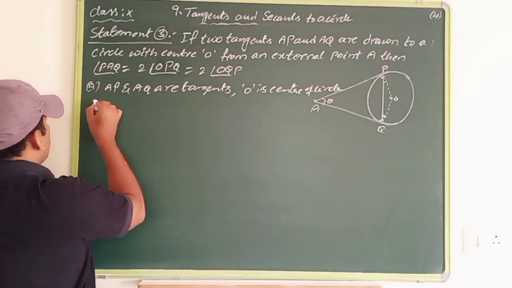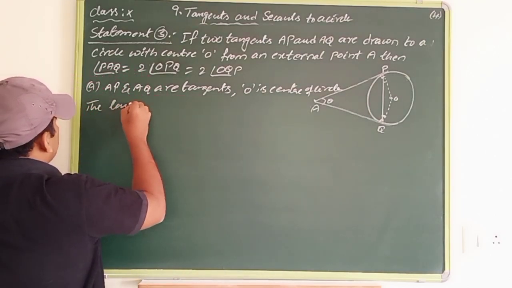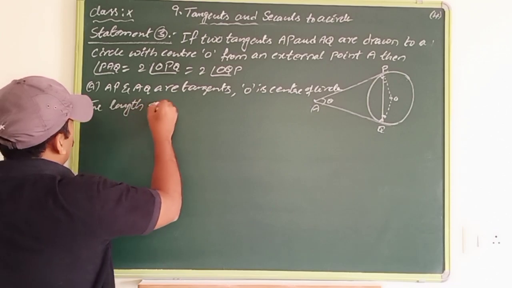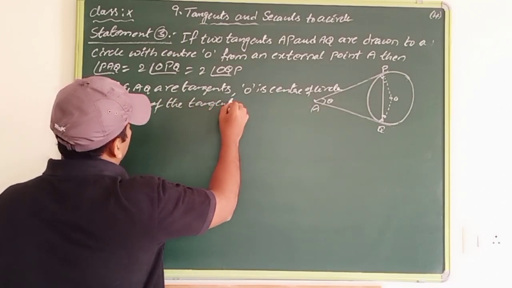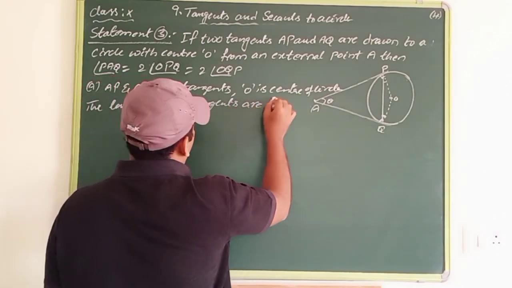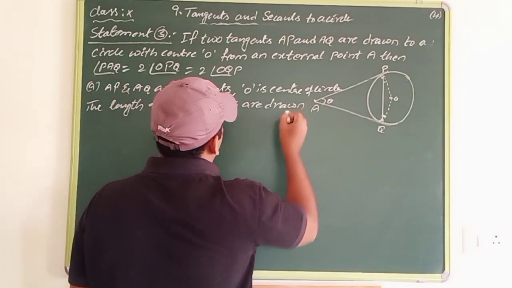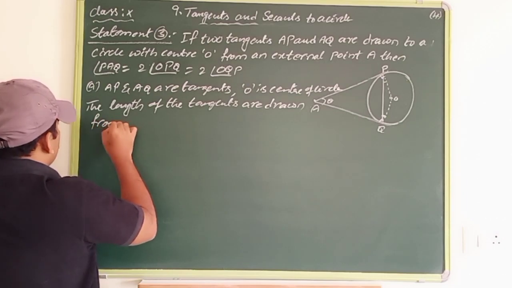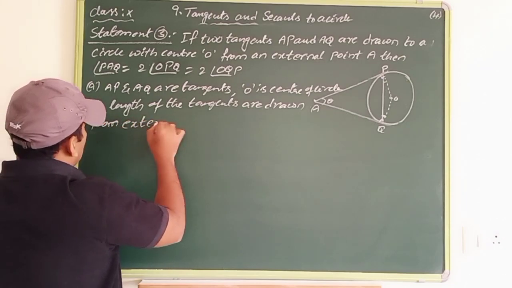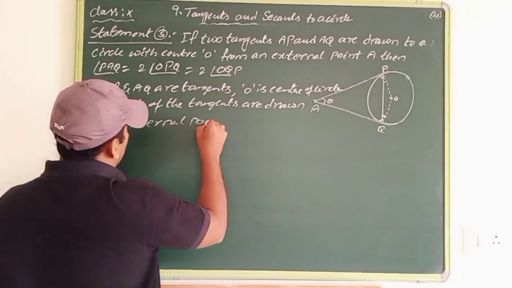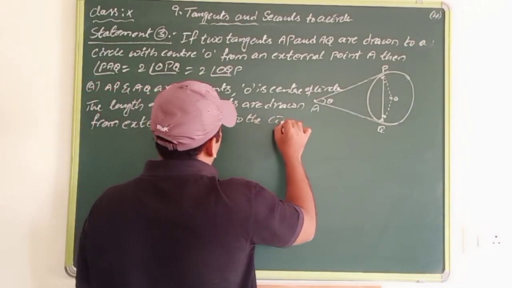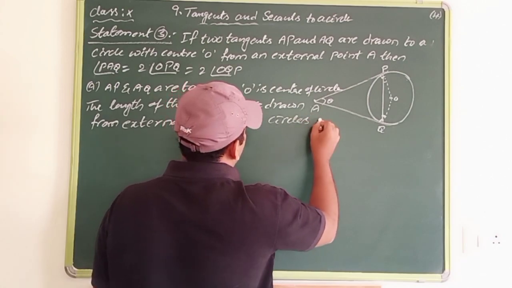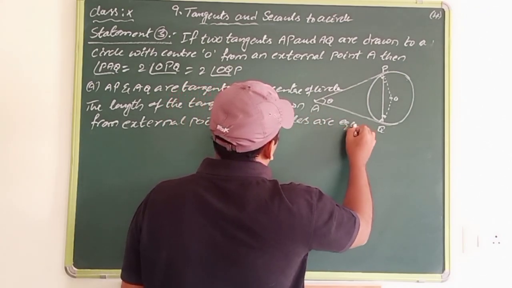So we can write, the lengths of the tangents drawn from an external point to the circle are equal.